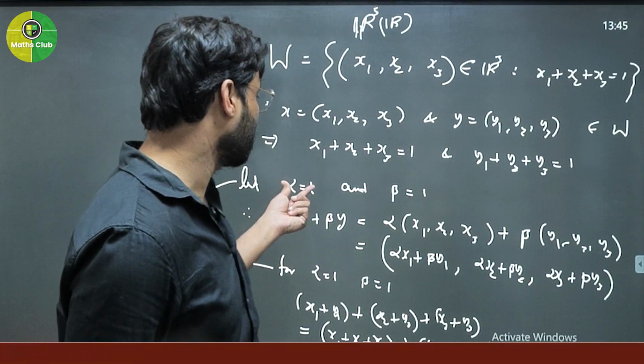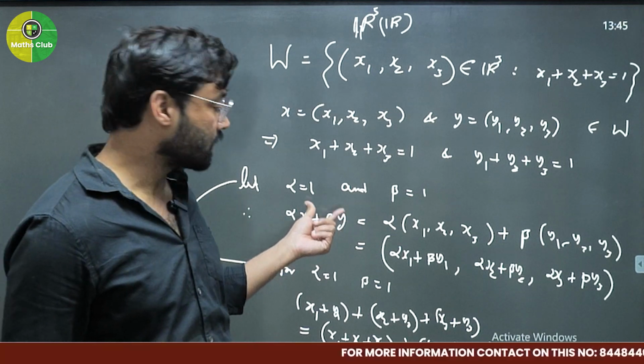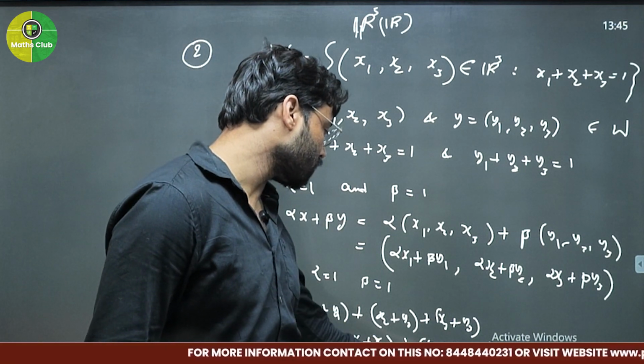That means for alpha equal to 1 and beta equal to 1, alpha x plus beta y does not belong to W, as this is not equal to 1.